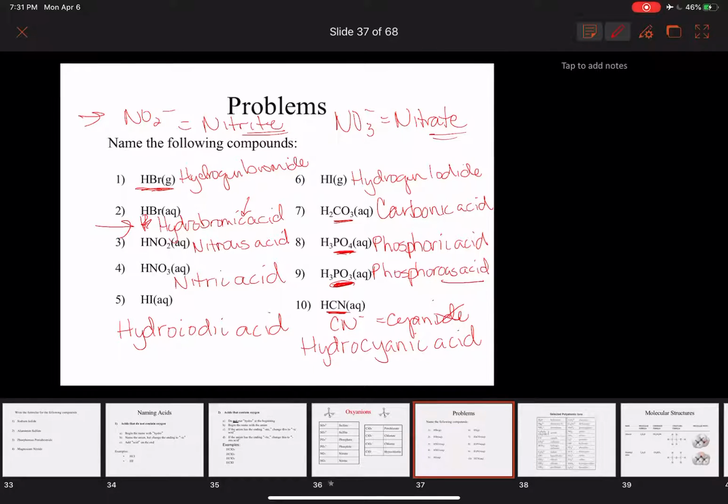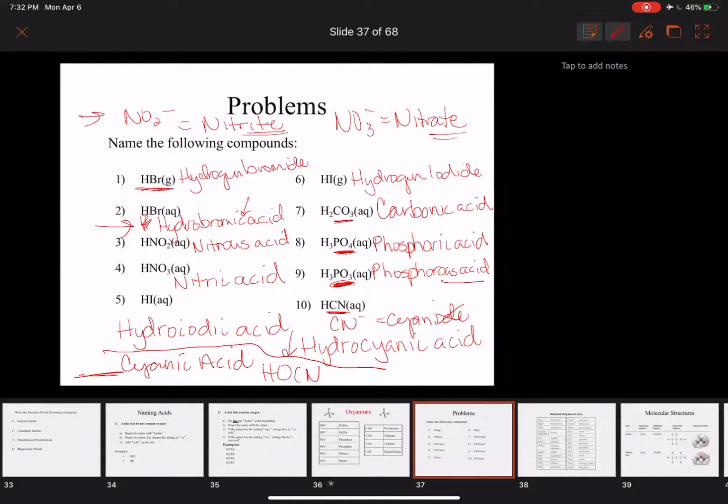Now we don't want to confuse that with cyanic acid, because cyanic acid is a totally different acid. Cyanic acid is HOCN. So you guys can see that when you have an oxygen there, there's no hydro on the front. And those are two different acids. So if you write hydro and you don't mean hydro, you're going to be saying something different.